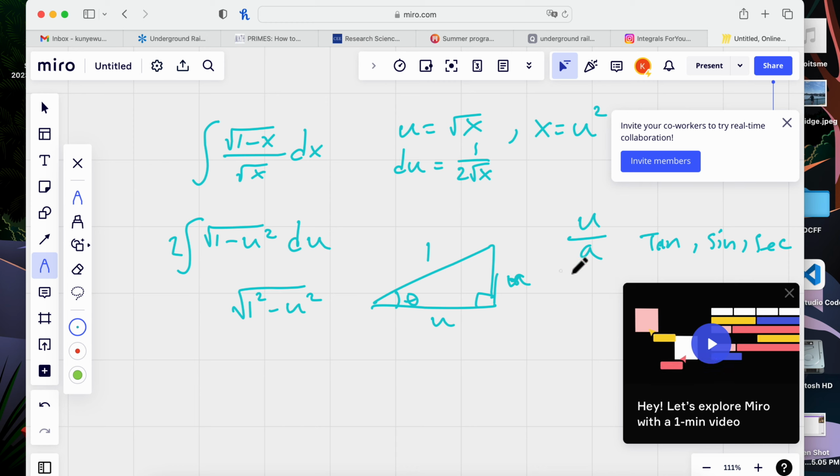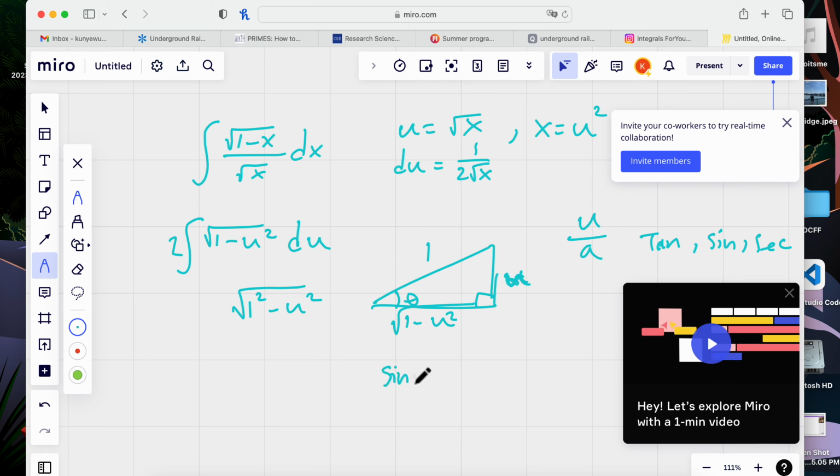So we're going to put the sides in such a relation where we can get u over a, in this case u over 1, through tangent, sine, or secant. So we have to put u here, and then the square root of 1 minus u squared down here.